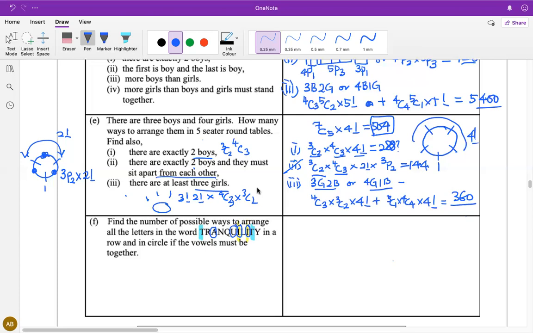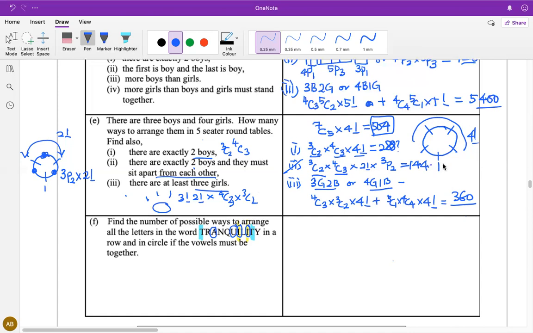Okay, but the answer in the question is different. Let me think. 3C2 times 4C3 times 3 factorial times 2 factorial. Okay, 144, 504 minus 144, so you get 360.